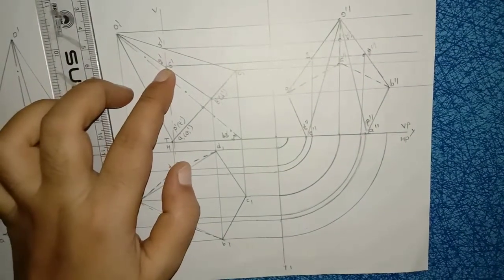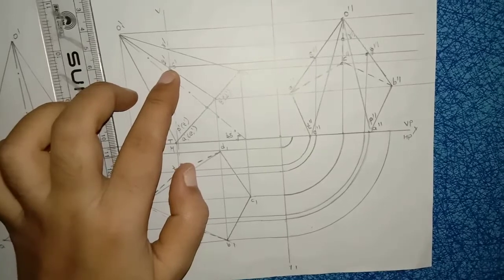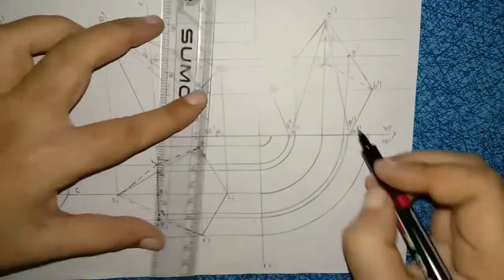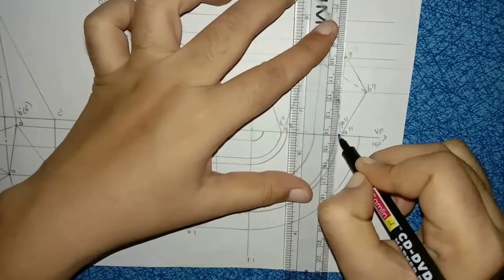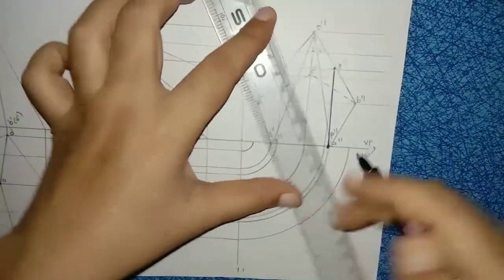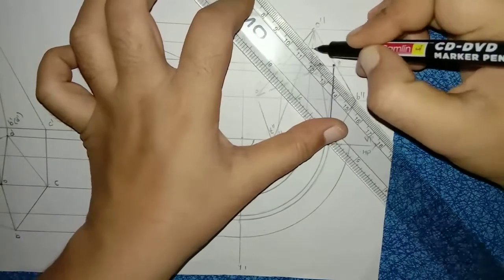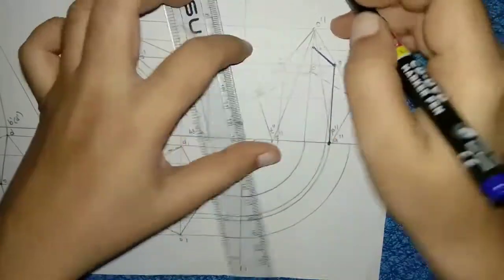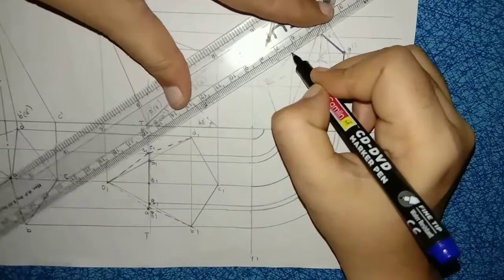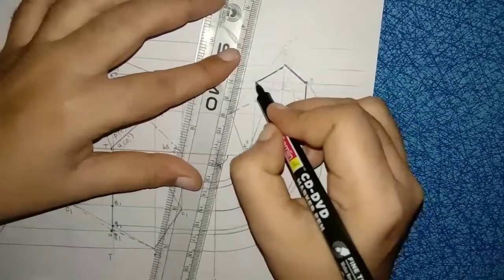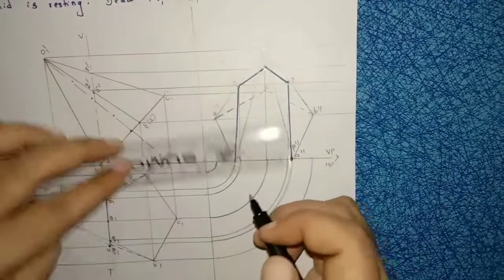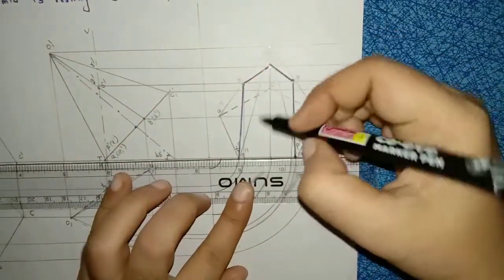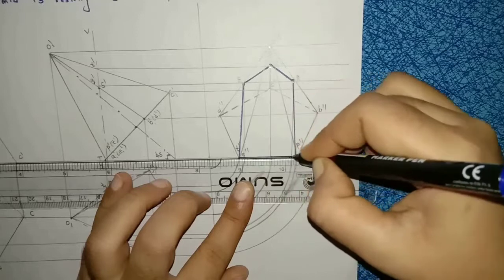Right, now if you join from P, Q, R, S, T, this is your sectional side view.